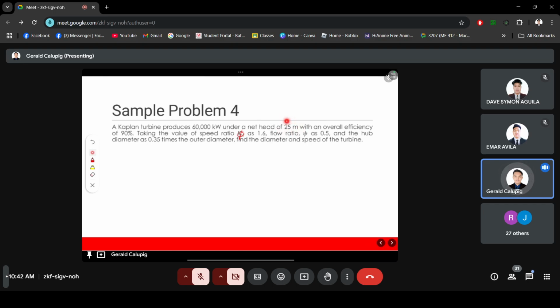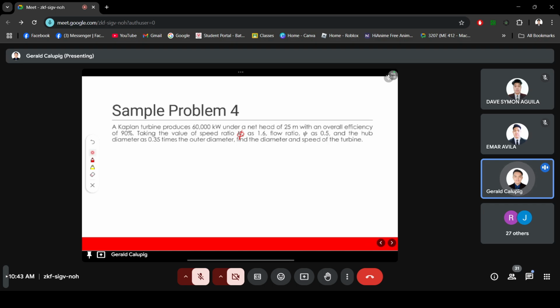We also have the supplementary data, the speed ratio and the flow ratio of 0.5, and even the overall efficiency. What we are lacking is the speed of the turbine, which is the question of the problem. So we can now solve.